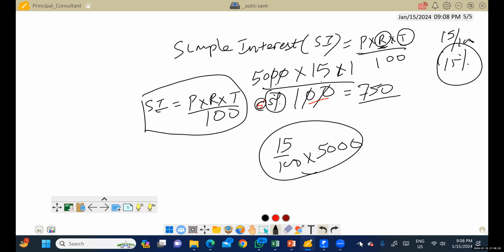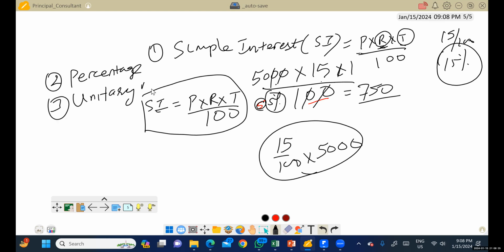The first one is the simple interest formula. Second, the simple percentage method. Third, the unitary method. So I want to see all 3 methods.